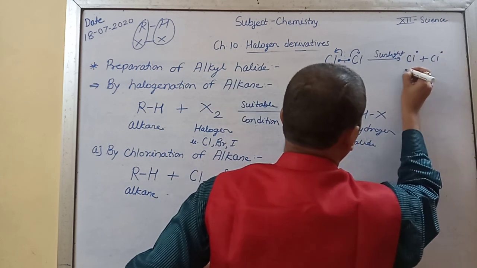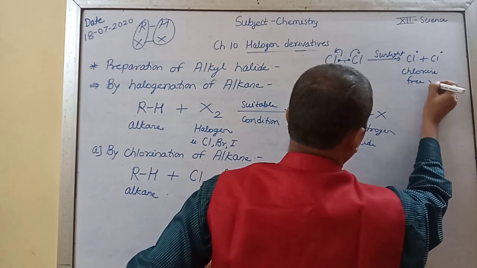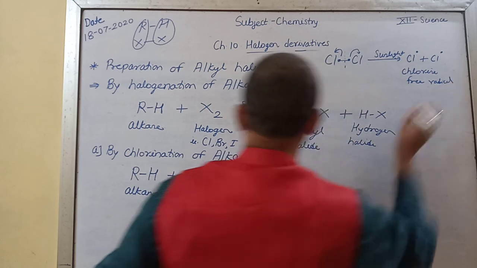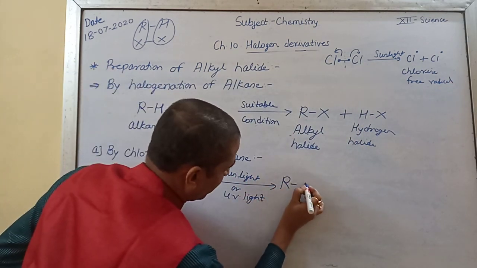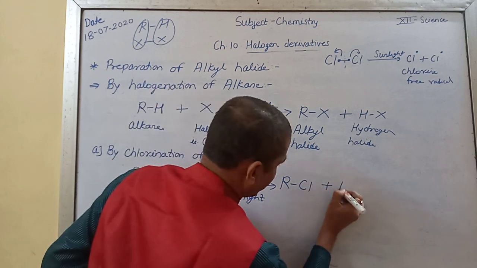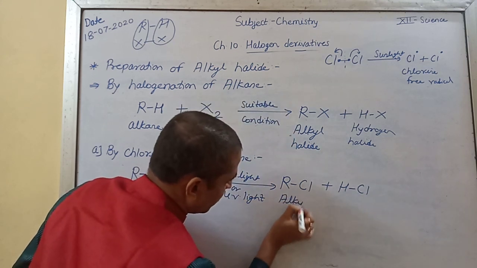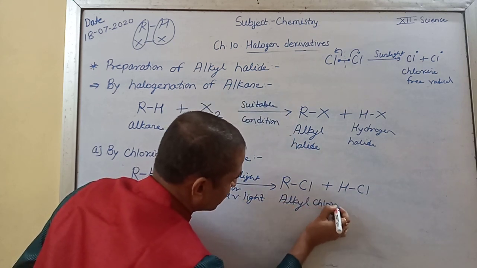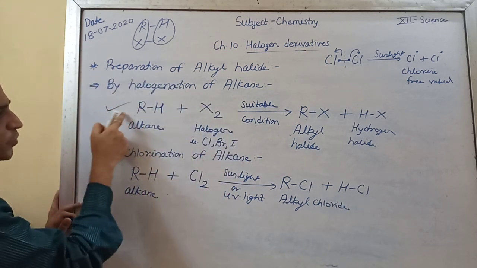So this is a chlorine free radical. So it follows a free radical mechanism, and here the alkyl group combines with a chlorine free radical to form RCl, and H combines with a chlorine free radical to form HCl. So there is a formation of alkyl chloride. This is used as a formula.